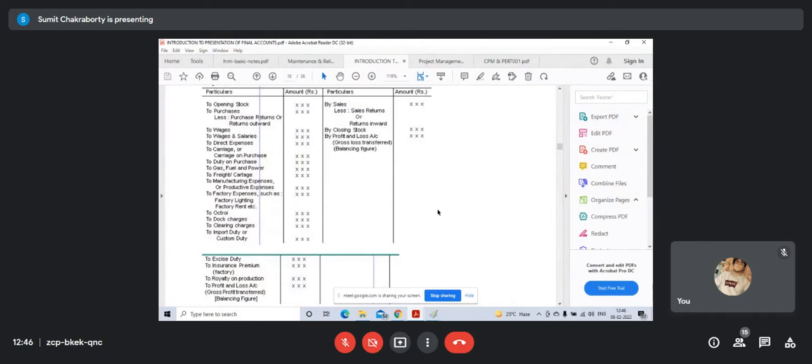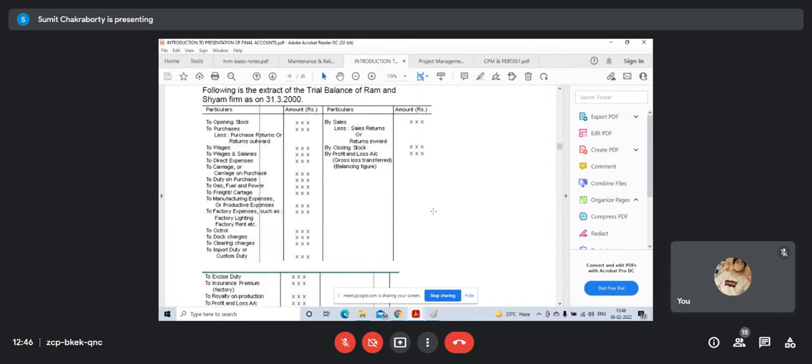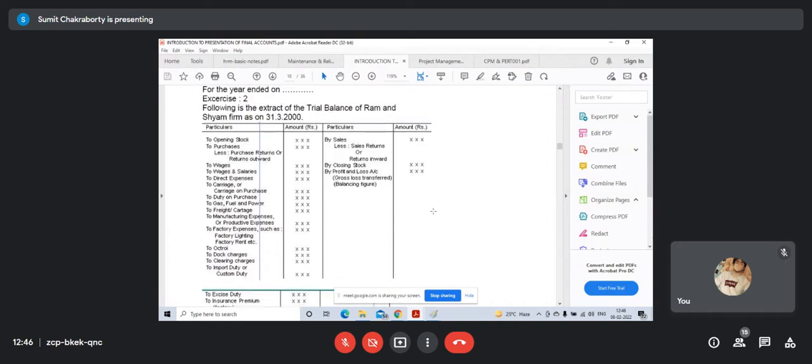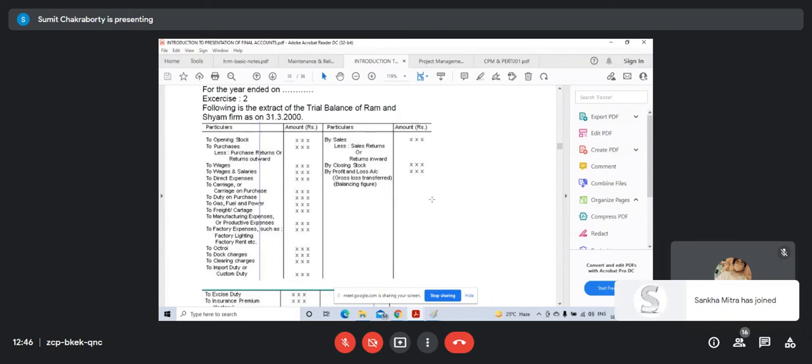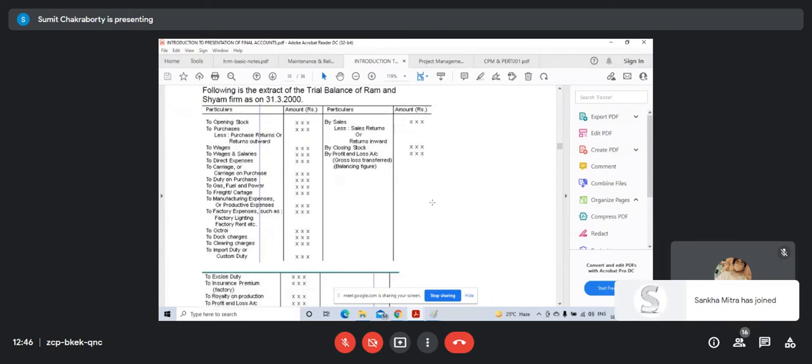The heading should be, what? Extract of trial balance, Raman Sham Farm as on 31/3/2000. So the heading should be the trading account of Raman Sham Farm for the period ending on 31/3/2000. That should be the heading. One mark will be deducted if the heading is not right.